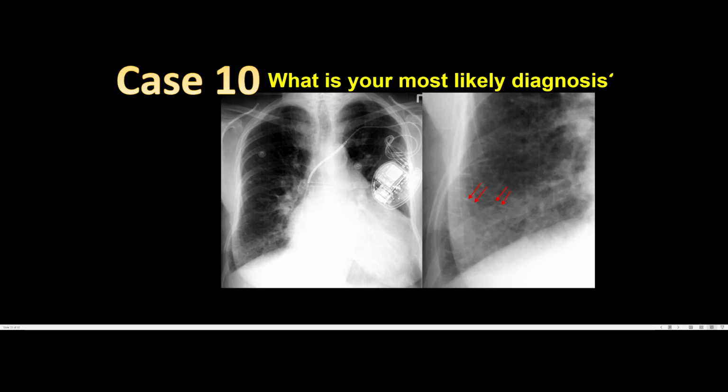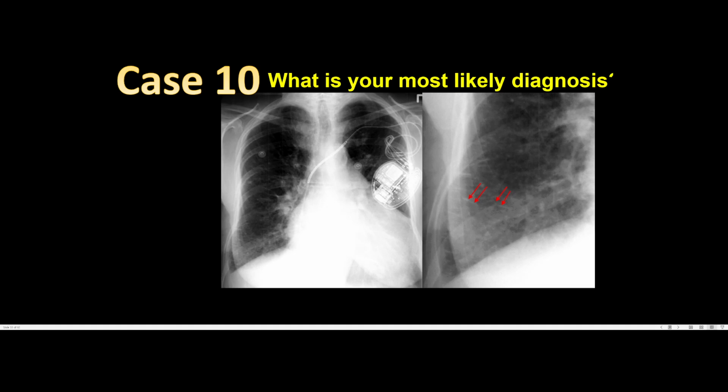Oftentimes, another differential diagnosis as to why we might have interstitial lung disease in a patient with a pacemaker is that this patient might use amiodarone. And amiodarone is an antiarrhythmic medication that can cause pulmonary fibrosis in a patient with a cardiac condition. So this is a differential diagnosis.